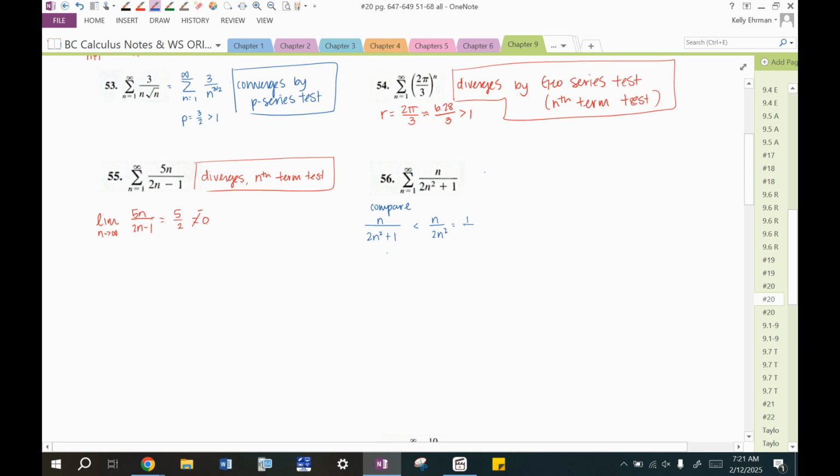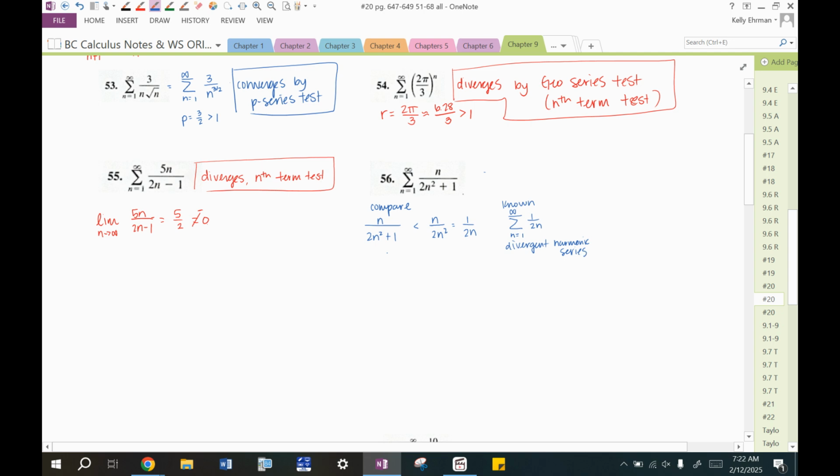So n over 2n squared is the same as 1 over 2n. All right, so I do have a known series related to 1 over 2n. So I know the series from 1 to infinity of 1 over 2n is a divergent harmonic series or divergent p series, whatever.